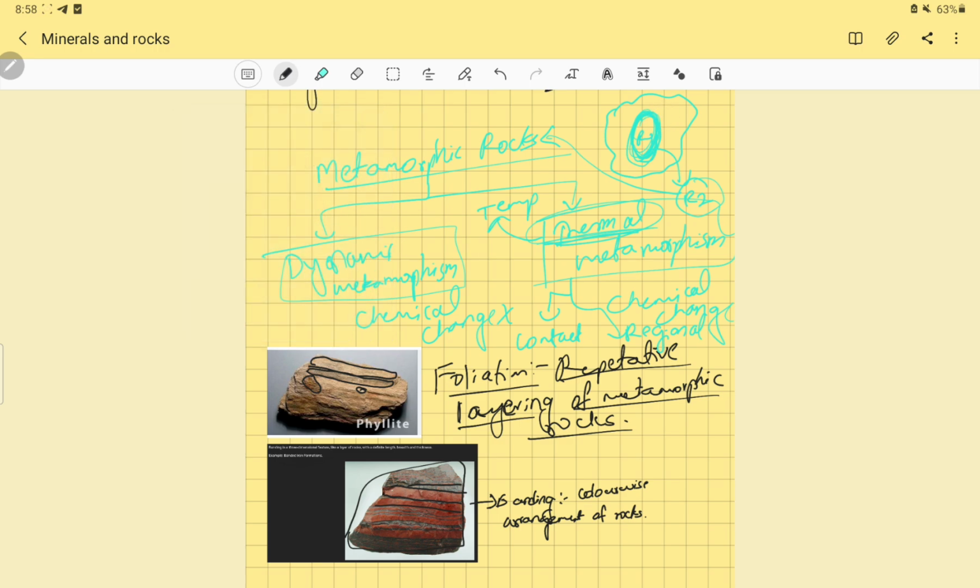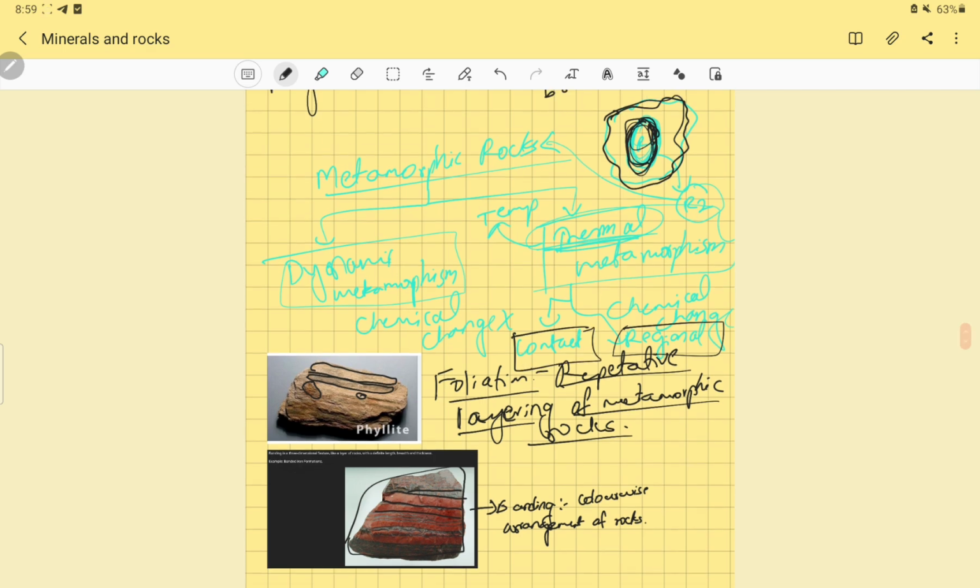If the rock is coming in contact with high temperature around, then it is regional. If it's in the region, it's there. And if a rock is directly coming in contact with change in temperature, then it is known as contact metamorphism.